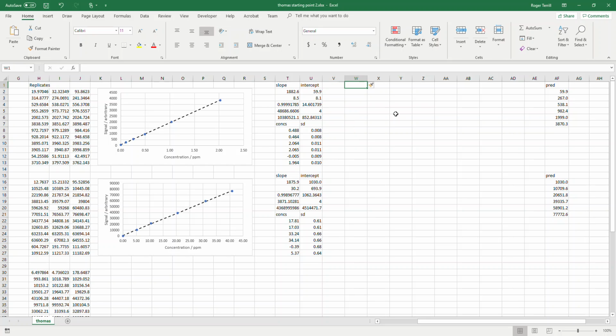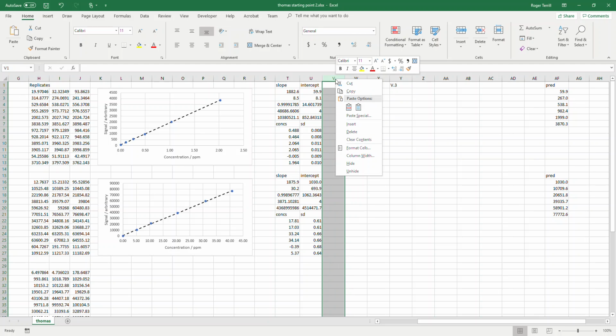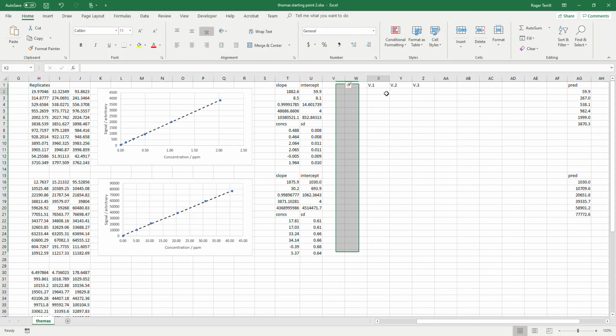So I'm just going to give a few labels here. V1, V2, and V3, right? Oops, V dot 3. And let's see, I actually need to add another column in here. And then V1, this is going to be what the tablet was dissolved in.